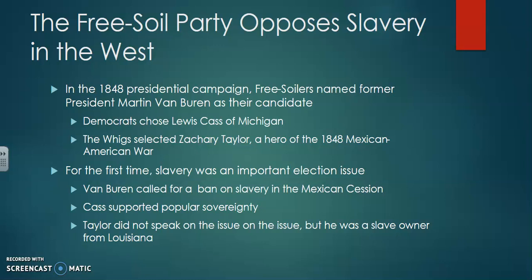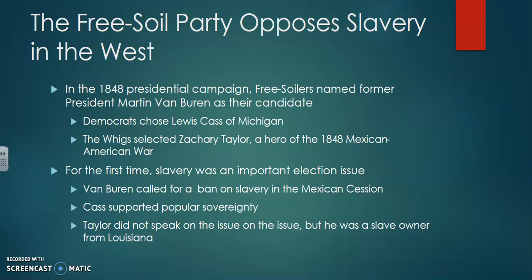So we're talking Arizona, New Mexico, Nevada, California, and Utah, not Idaho. And Cass will support popular sovereignty. In other words, Cass's idea is it should be up to the people of the state whether or not they should allow slavery. And Taylor did not speak on the issue, but he was a slave owner from Louisiana.